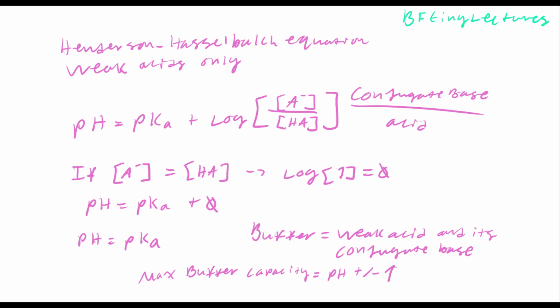So if a pKa is 6, it could be 5 or 7, right? So the minimum that the buffer can be is 5, and the maximum that it could be is 7, right? So if you see a pKa table and it has, again, 6, it could be 5 for the minimum, or it could be 7 for the maximum.